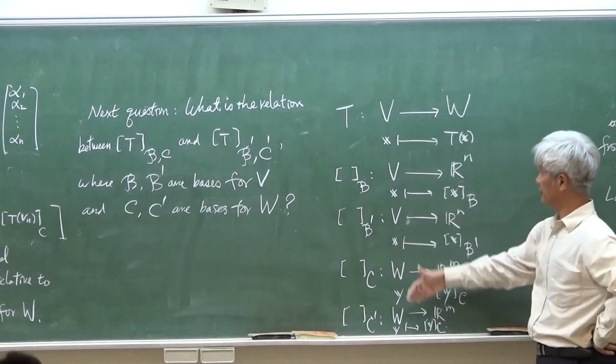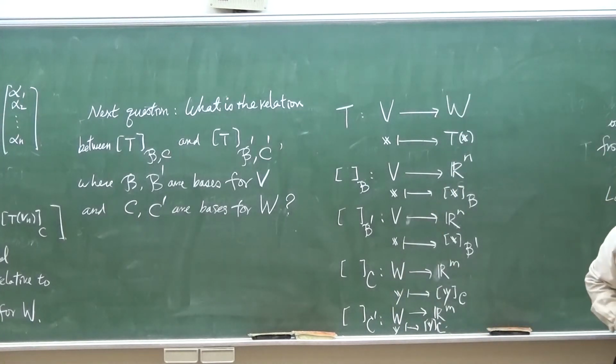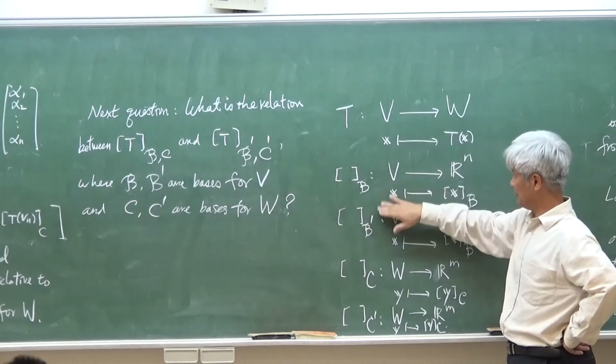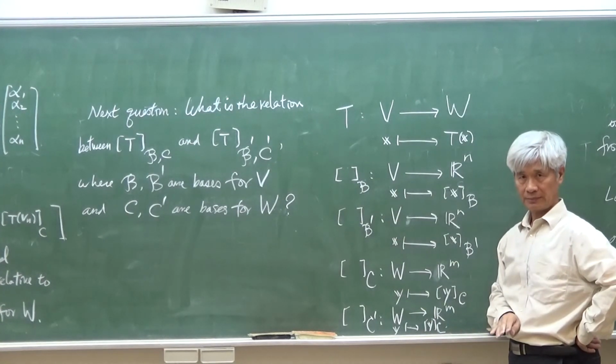Alright, so now we have five maps. This one is just a linear transformation, but the other four are isomorphisms.